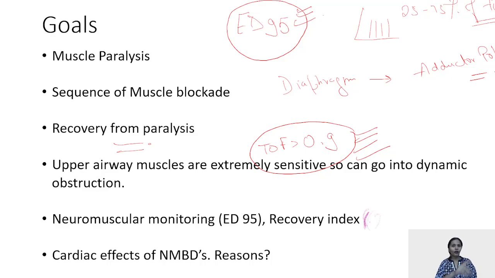Please remember, when we come to the drugs, you all have to remember which drug is going to lead to histamine release. And second is that certain drugs act on your autonomic nicotinic receptors and your cardiac muscarinic receptors, leading to tachycardia. I repeat, the three mechanisms for the cardiac effects of neuromuscular blocking agents are histamine release, autonomic nicotinic receptors getting activated, and cardiac muscarinic receptors getting activated.